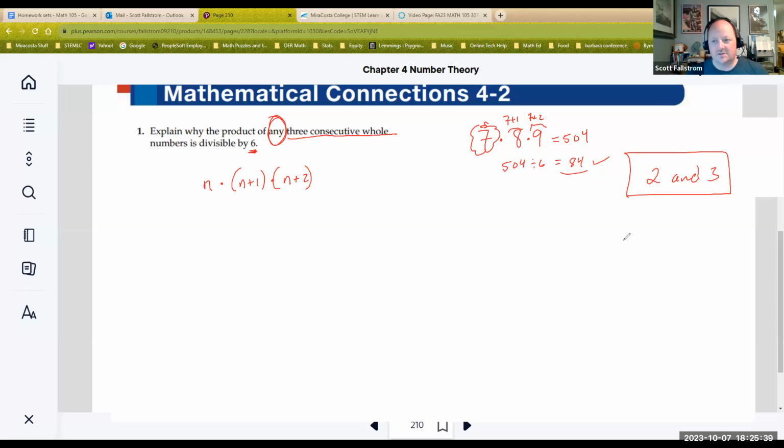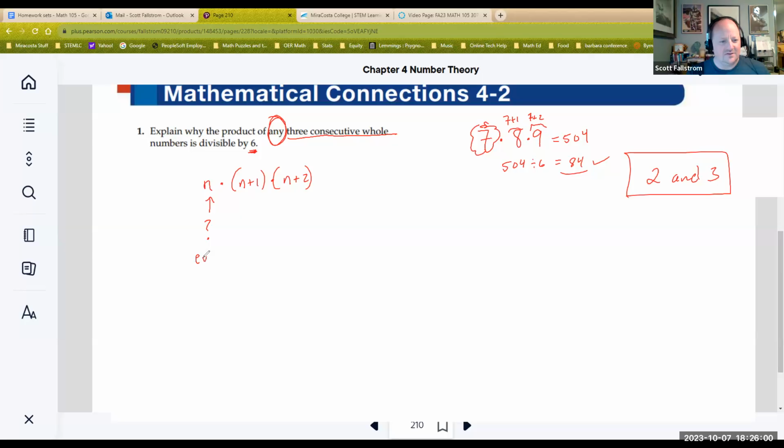All right, so we could do the test for 2. The test for 2 is we need it to be an even number. So we need the last digit to be divisible by 2. But we could also just say it needs to be an even number. So the question is right here, I don't know whether I'm starting with an even number or an odd number.